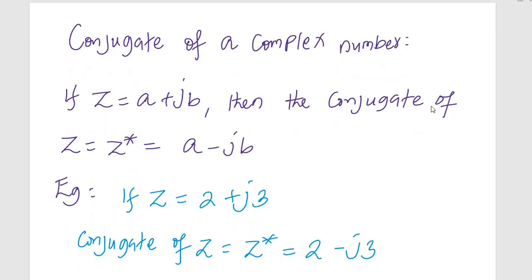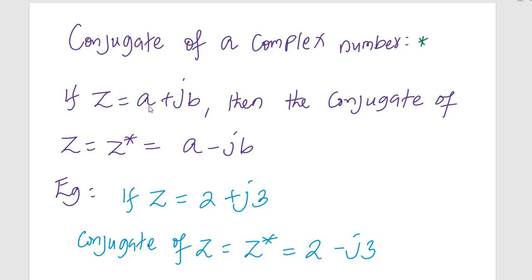Now, what we call the conjugate of a complex number: if we have z equal to a plus jb, then the conjugate of z, which we can express as z star, is equal to a minus jb. What we always do is look at the complex number, then change the sign at the imaginary part.